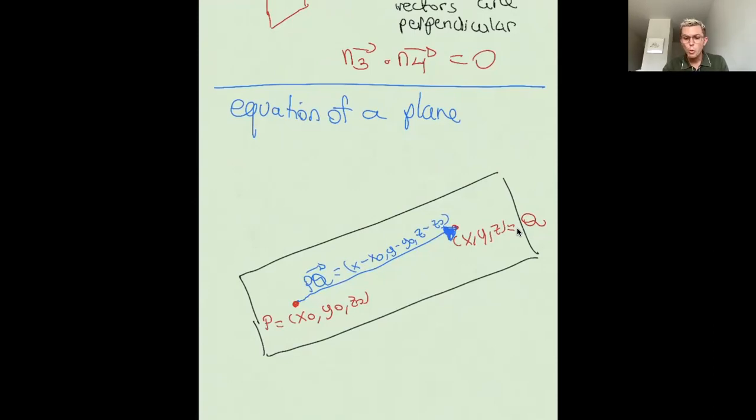And what's the property of the normal vector? It doesn't really matter where you draw it. You can draw it anywhere that you want. The point of the normal vector is that it's perpendicular to this blue vector, because the normal vector is perpendicular to the plane. So in particular, it's perpendicular to all these vectors that you draw on the plane.